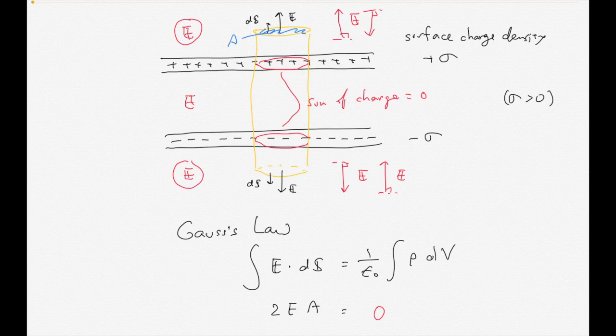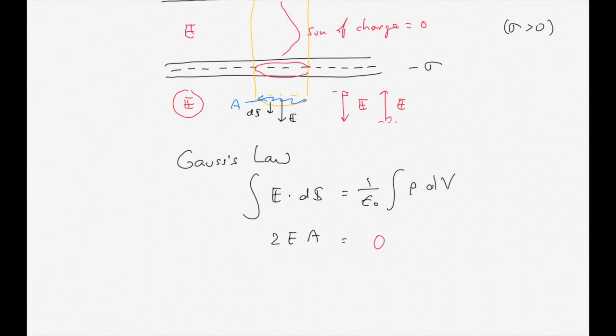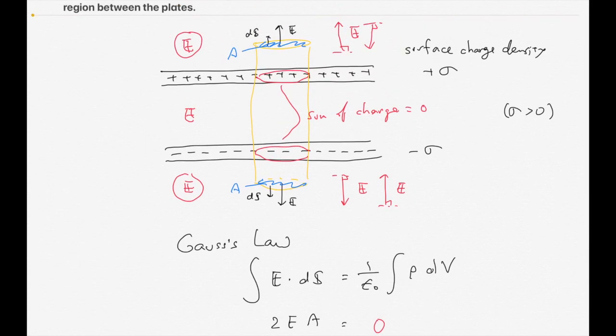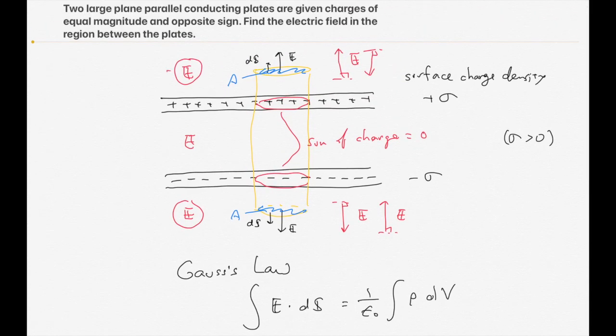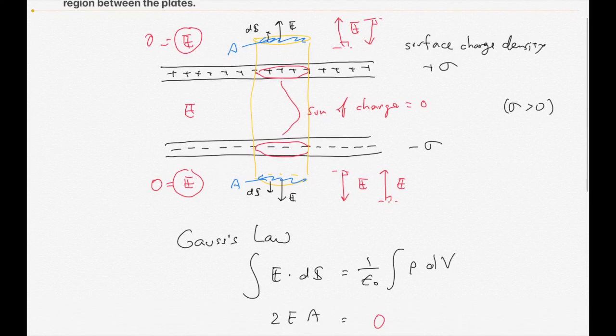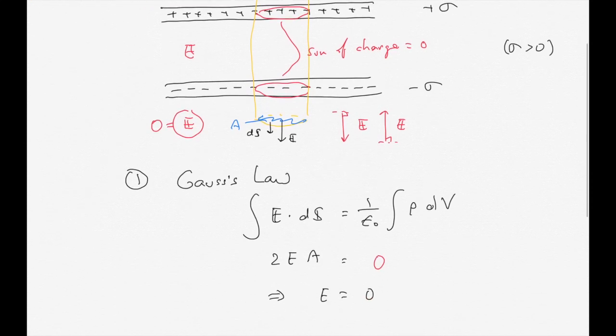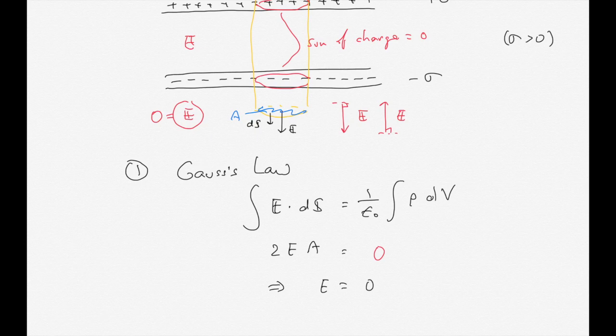This is the area A, this is the area A. So from these equations, we discover the electric field becomes 0. So outside of the infinite plate, the electric field becomes 0. This is the first step: the electric field outside of the plate becomes 0.